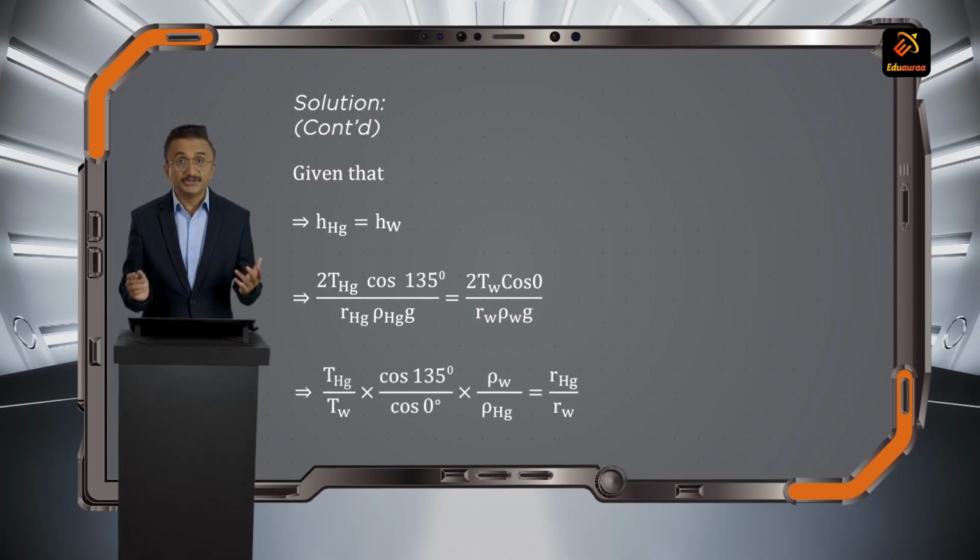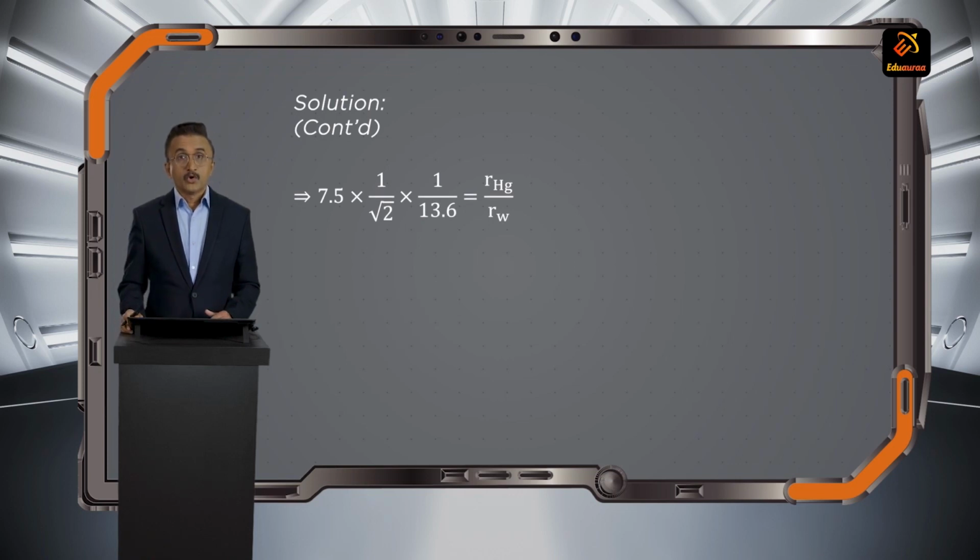T Hg means tension of the mercury upon tension of water into cos 135 upon cos 0 into rho of water upon rho of mercury is equal to R Hg upon R water.